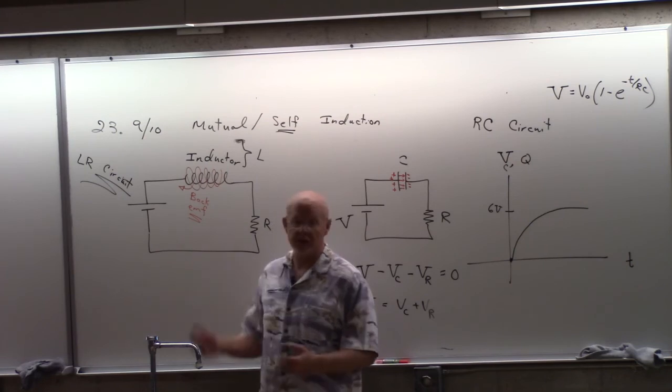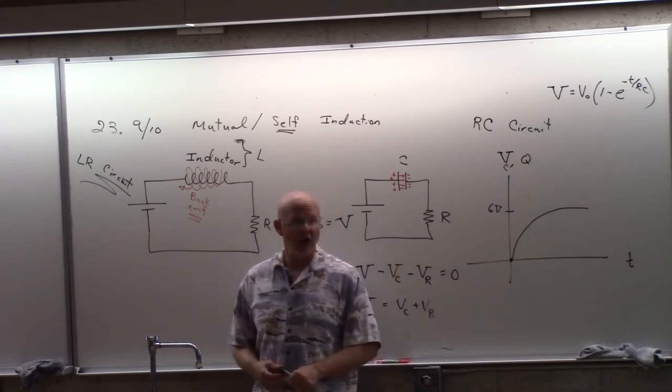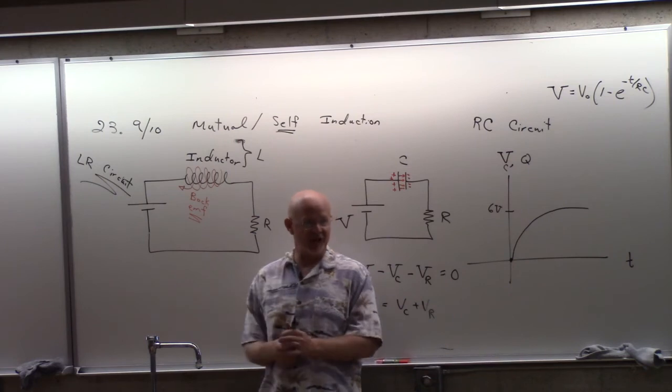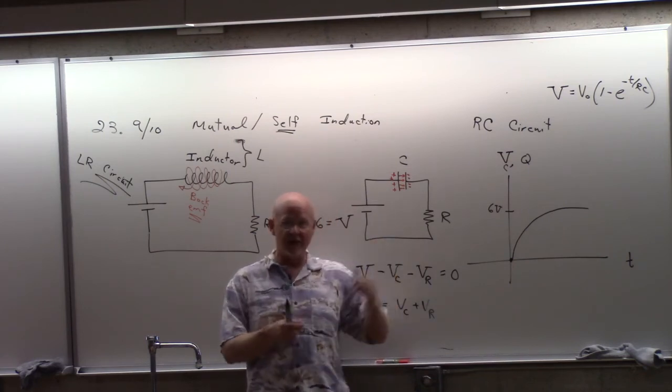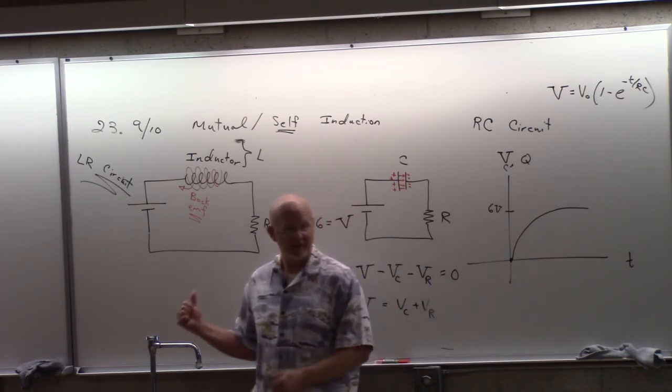And especially since this involved a little bit of calculus. Why don't we skip the calculus? Why don't we just say the calculus is going to come out the same as we did for that one?